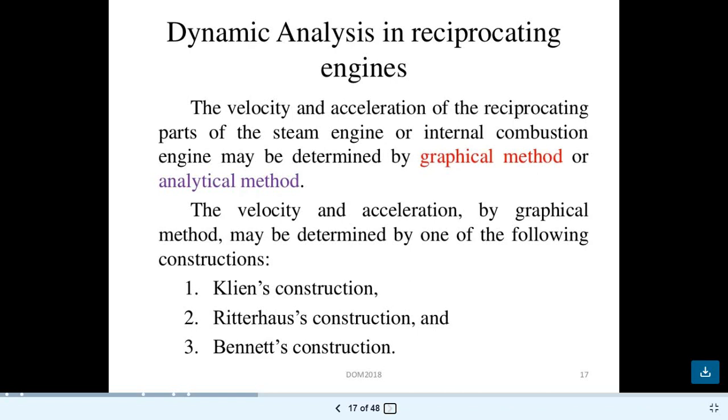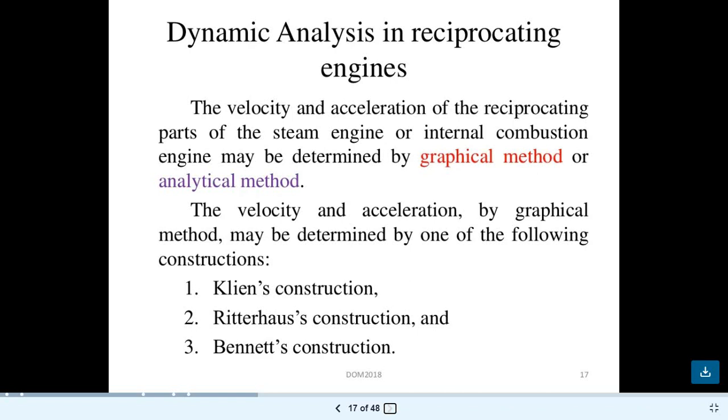So dynamic analysis consists of the reciprocating part, that is, the reciprocating engine. In the reciprocating part, what are the forces acting, what is the velocity, and what is the acceleration? Those things we have to study using the graphical method or analytical method.